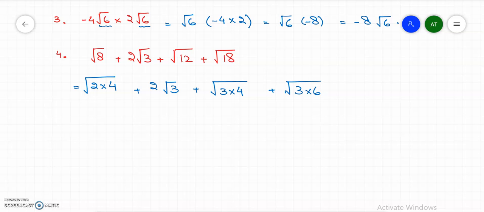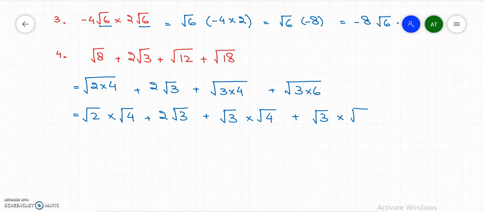Now we can separate the radical signs. So square root of 2 times square root of 4 plus 2 square root of 3 plus square root of 3 times square root of 4 plus square root of 3 times square root of 6.